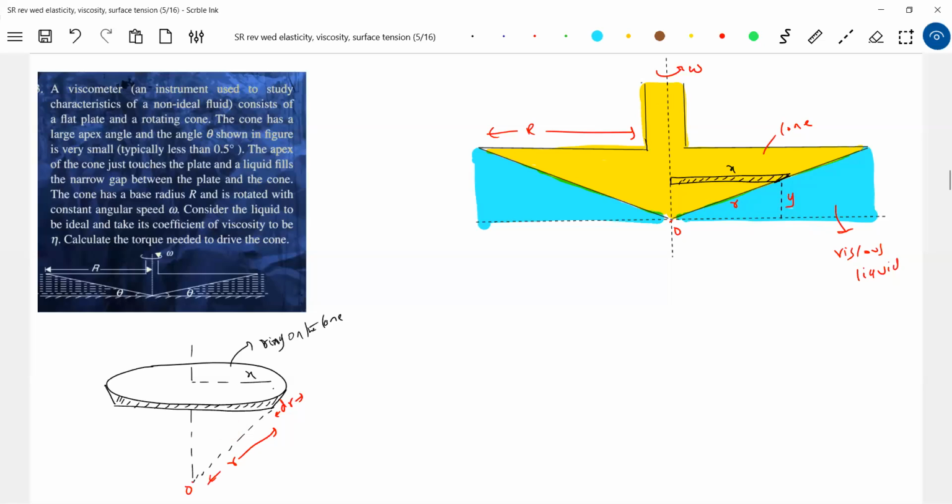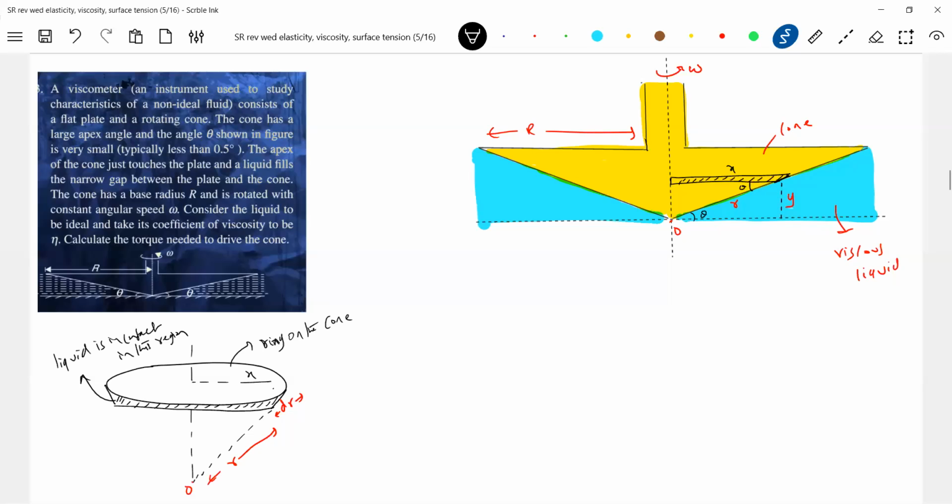I think more than this, I don't have an explanation. After this, you should have that basic observation here: the liquid is in contact in this region. What is the mathematics? Cos theta.